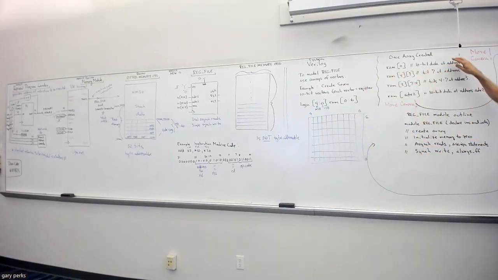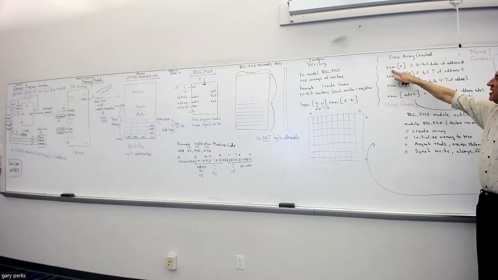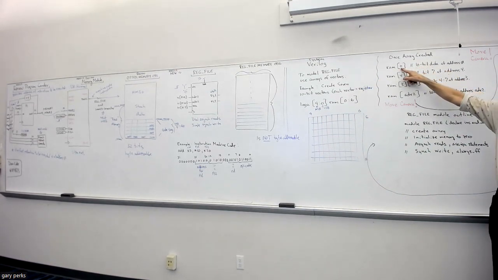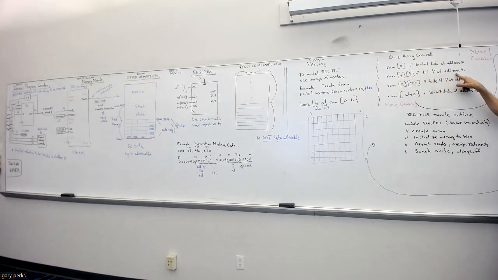Now, once you have the array created, if you have RAM and then in brackets a number, this takes the 10-bit data at register 0. If you have this, bracket 4, bracket 7, this takes bit 7 of the register at address 4.